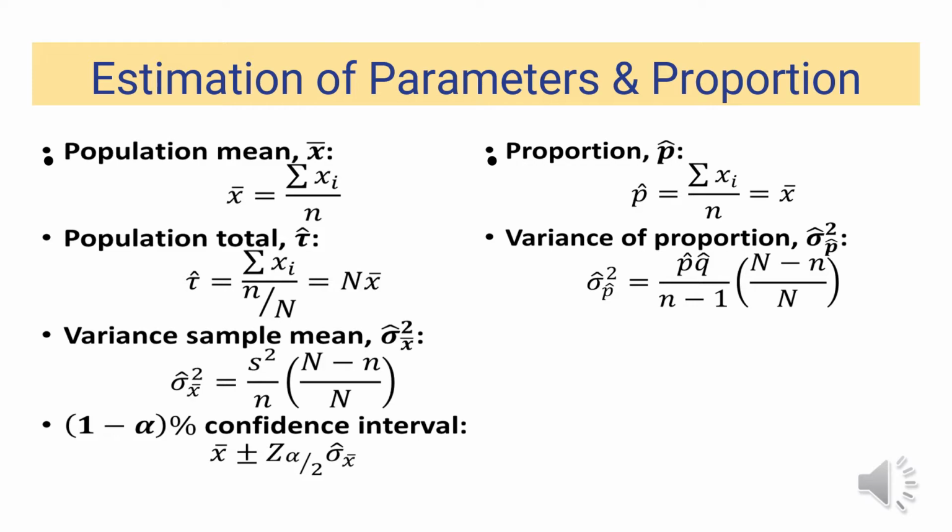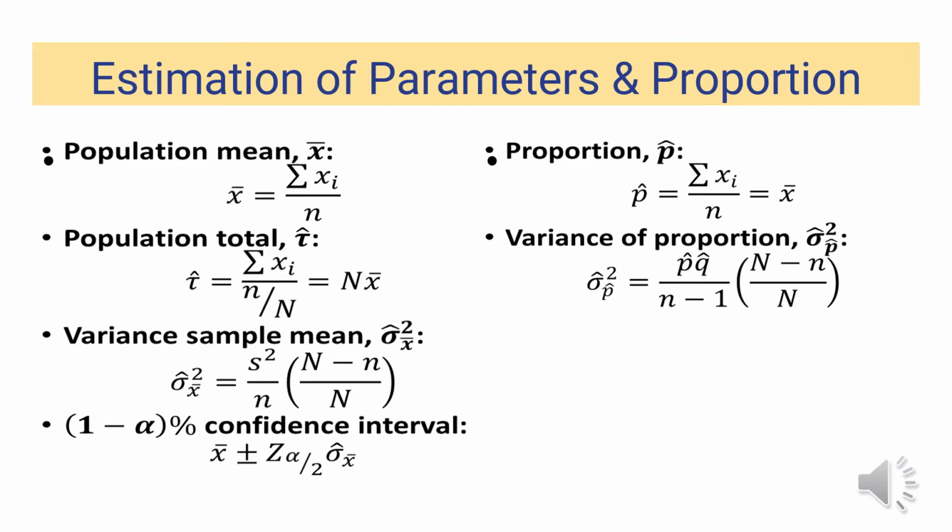The next is variance of the sample mean. So here the estimator for the variance of the sample mean is sigma hat x bar squared. Next is the percentage of the confidence interval. So the percentage is 1 minus alpha. Next, the estimator of proportion is p hat.